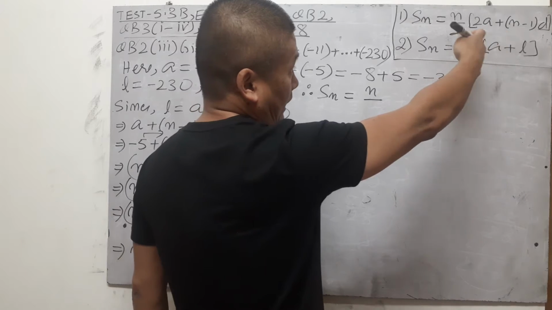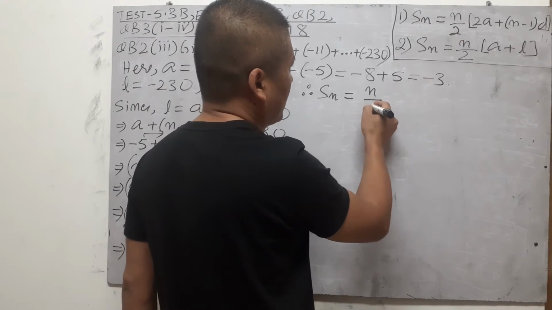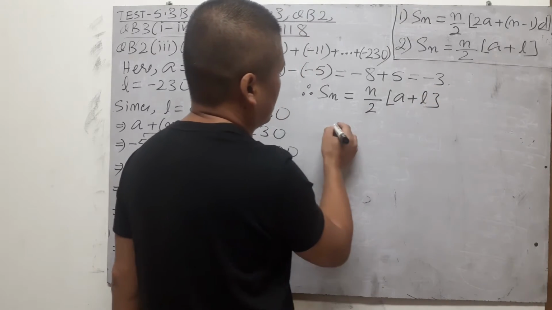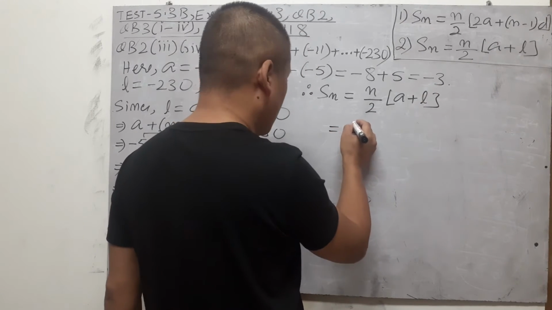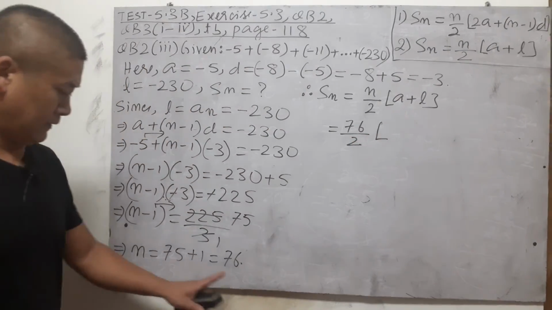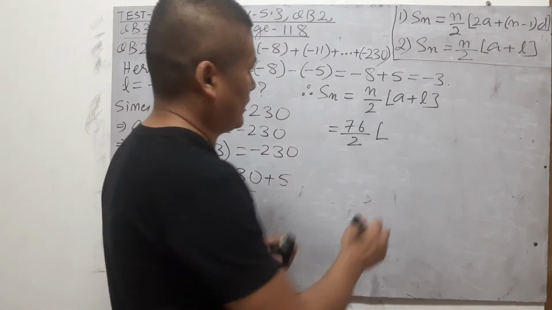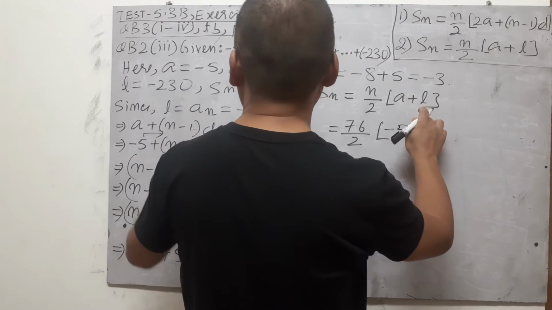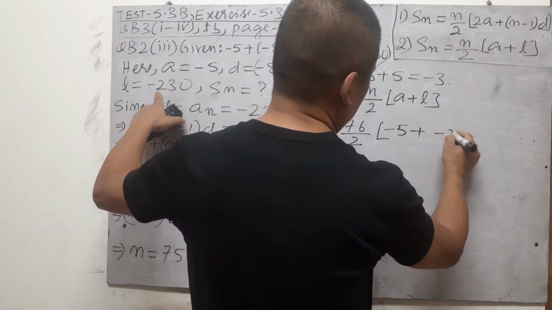But when l, a, n are there, we can use the second one, n by 2 into a plus l. So that will be equal to n, just now, 76 divided by 2. See, n is 76, so I wrote there 76 by 2 here. A is minus 5, so I write that, plus the last term value, minus 230.